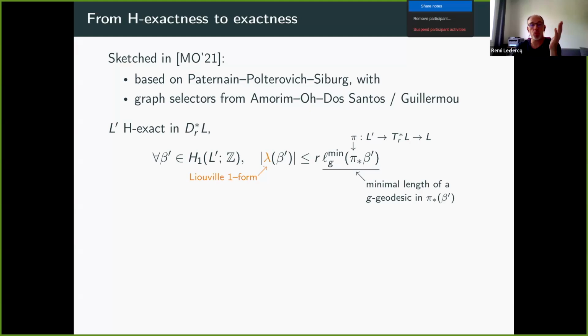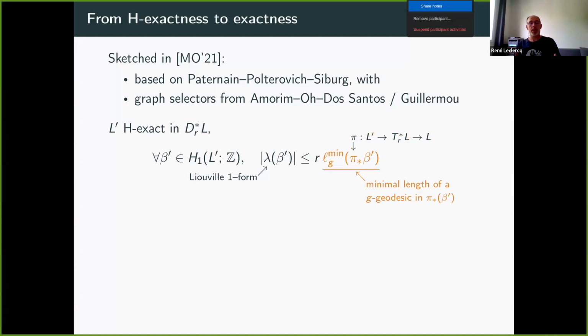The first thing you do is you take your beta prime and send it to the first homology group of L by using this orange pi, the canonical projection, right? It's just L prime included in the cotangent bundle, canonically projected to L. So now you have a class pi star beta prime inside H1 of L.